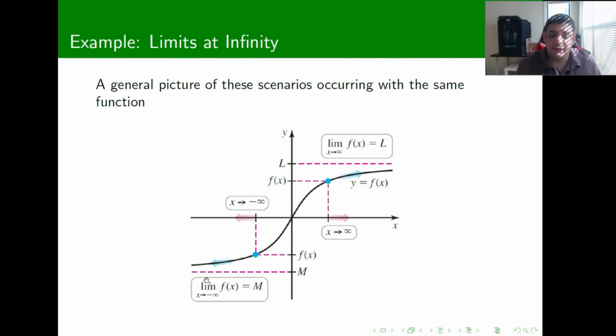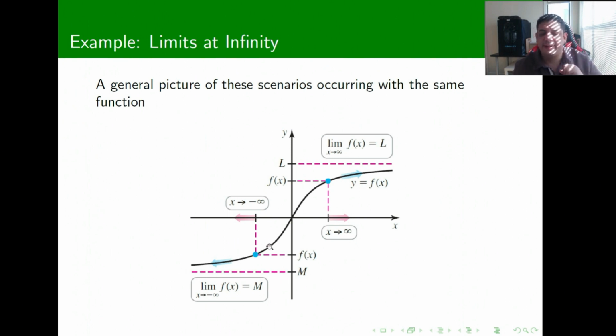Similarly, when I go to minus infinity in this direction, the function is going to approach the line y equals m, and we can say that the limit when x goes to minus infinity is m. The larger negative numbers that we take, the more it is going to approach m.